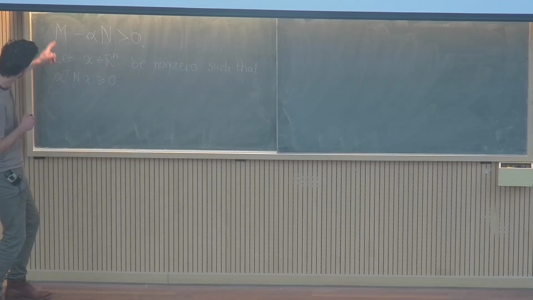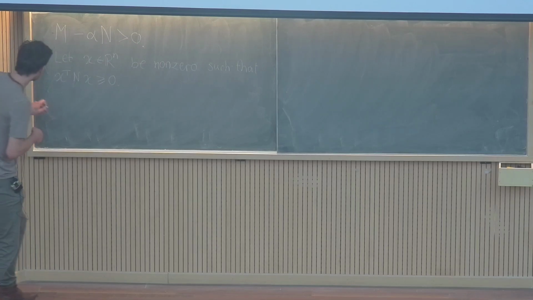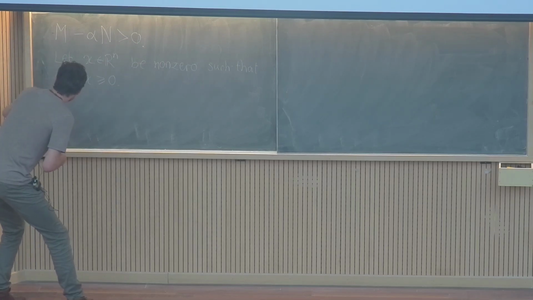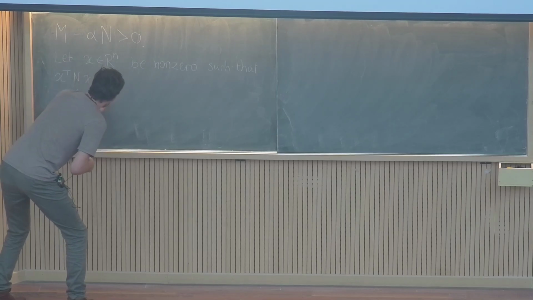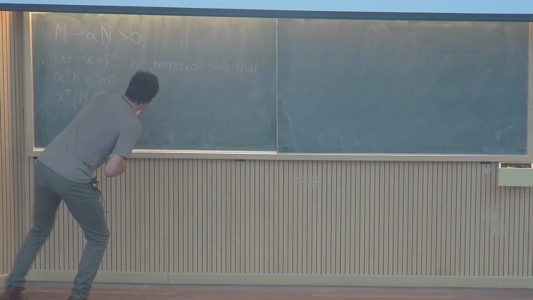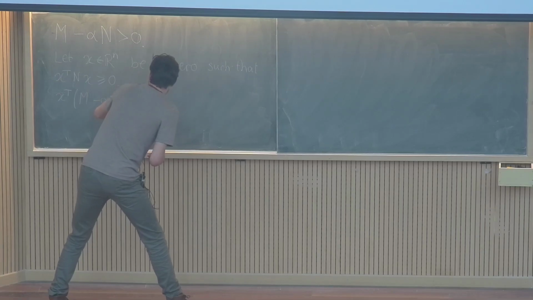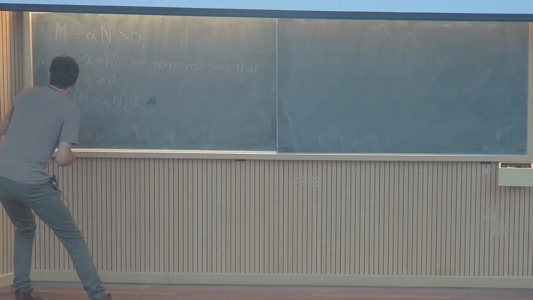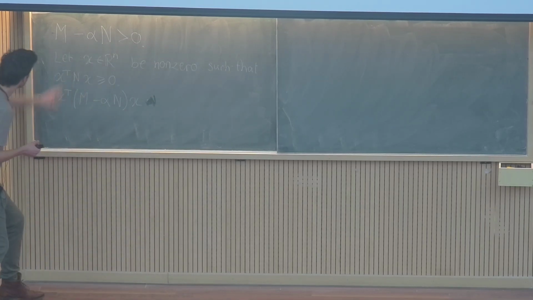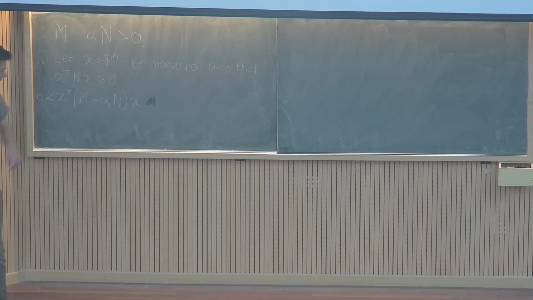What I do now is I multiply my matrix inequality from the left by x transpose, from the right by x, and I see the following. So x transpose (M minus alpha N) x, well, that's of course something positive, right? Because M minus alpha N is a positive definite matrix.